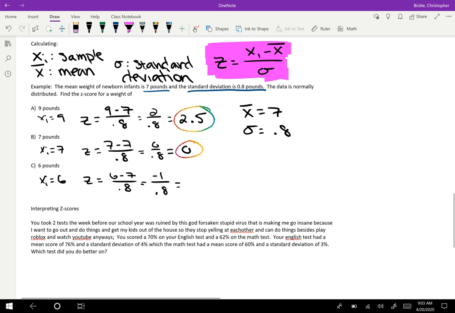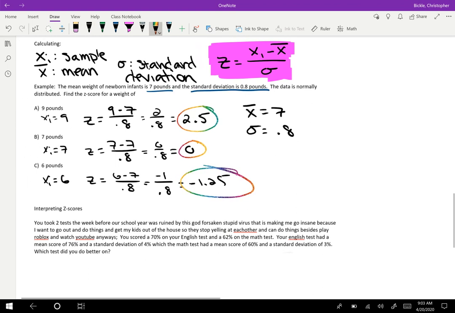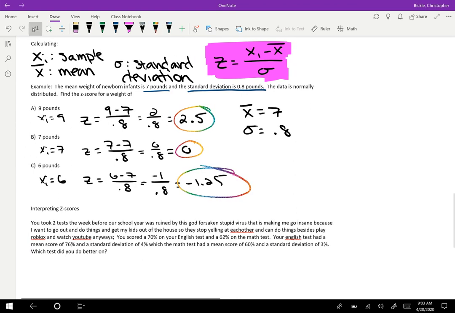Let me get a calculator out really quick. I already had a value on my calculator. Sorry, guys. 1.25. So negative 1.25. So a value of 6 pounds is 1.25 standard deviations below the mean is all that means.